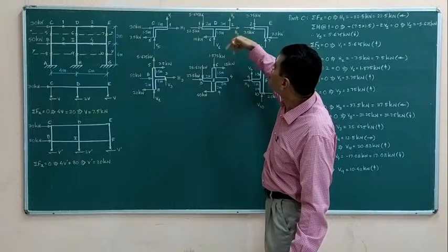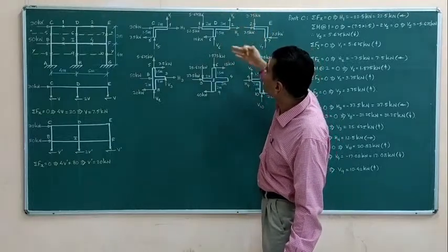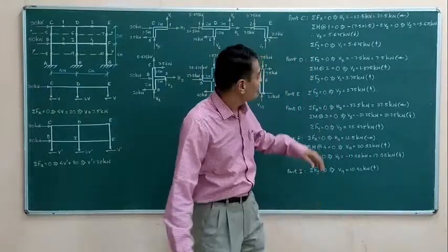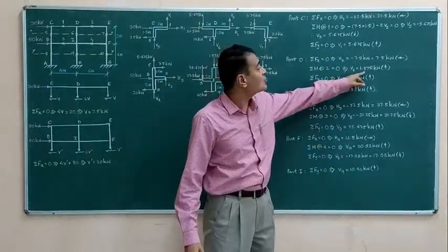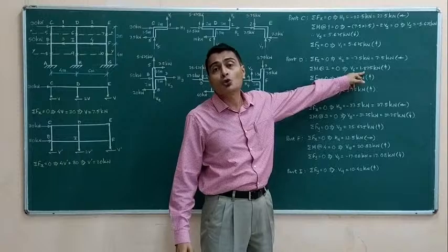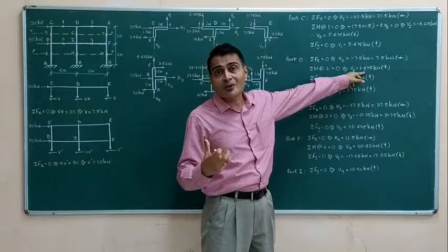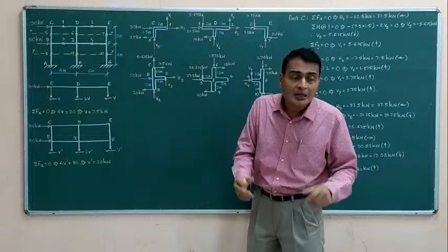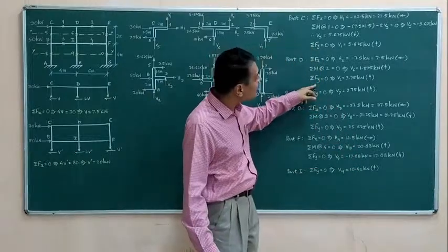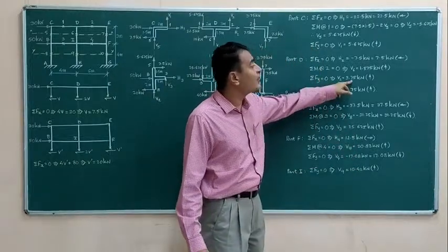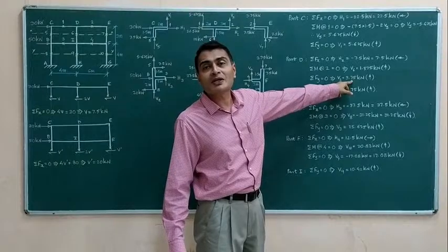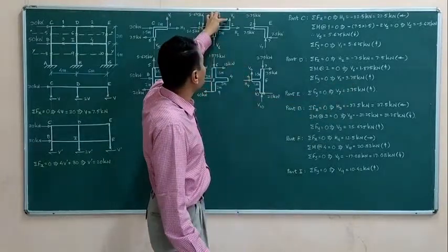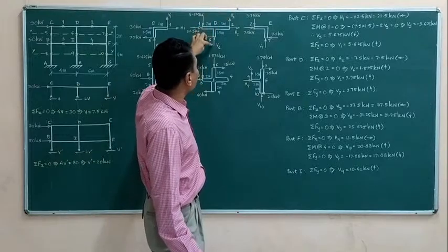I consider clockwise moments negative, anti-clockwise moments positive, and I find my V6 answer. That V6 I am getting as 1.875 kilonewtons. I do get a positive answer, meaning my upwards assumed sense is correct. And then I apply sigma Fy equal to 0. I am getting V2 is equal to 3.75 kilonewtons. Again positive answer, meaning this upwards is correct. So this was correct, this was correct.